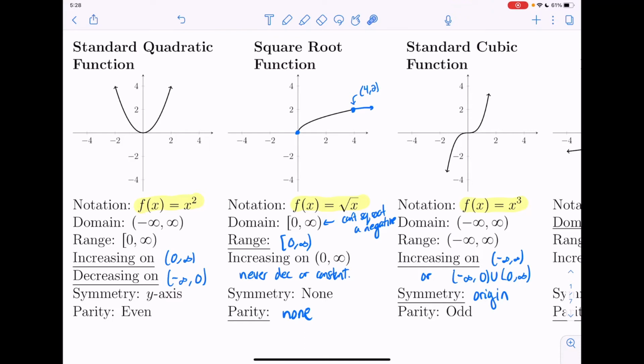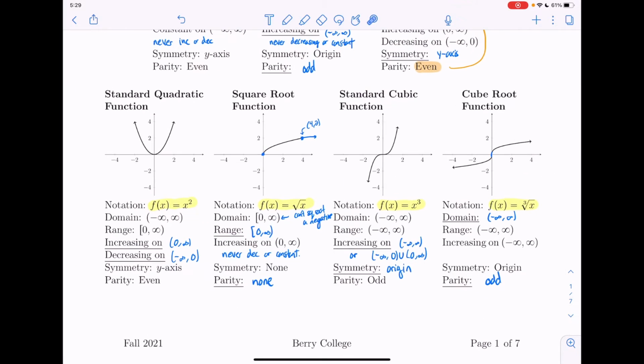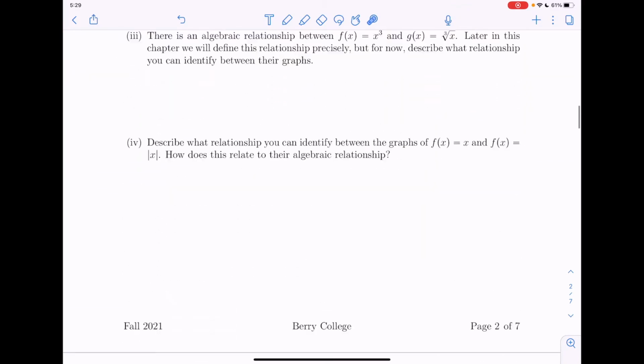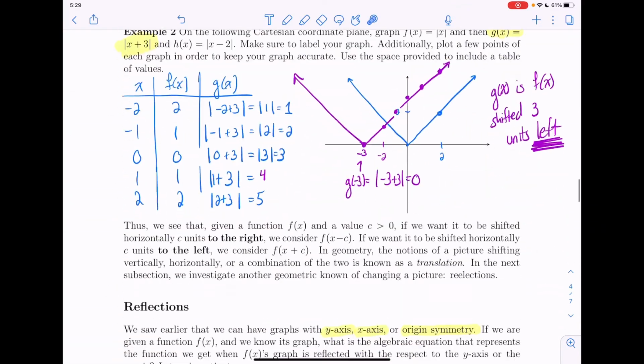So if I give you an equation and say solve for x, and you have to square root somewhere, then you'll admit the positive and the negative. But when we graph the square root function, we're only talking about the positive outputs. So it's a small point to make, but an important distinction.